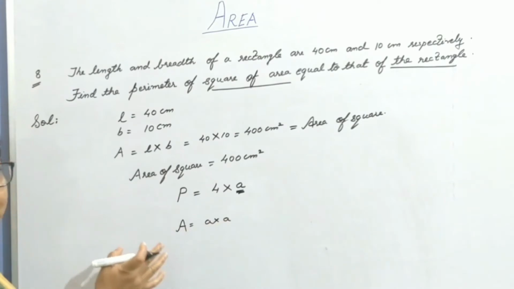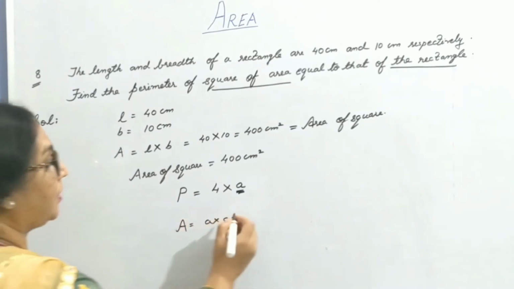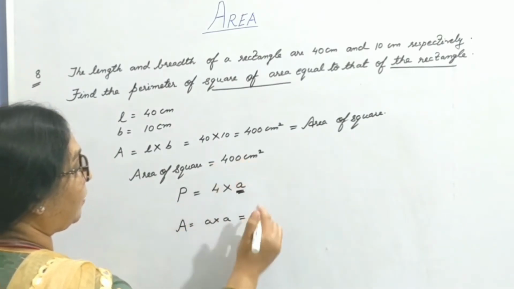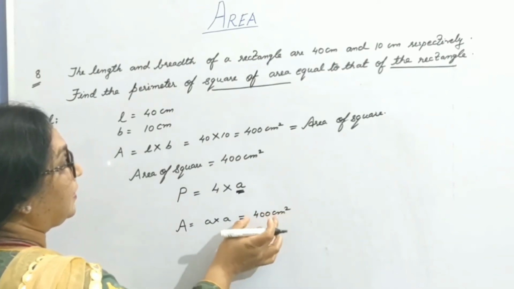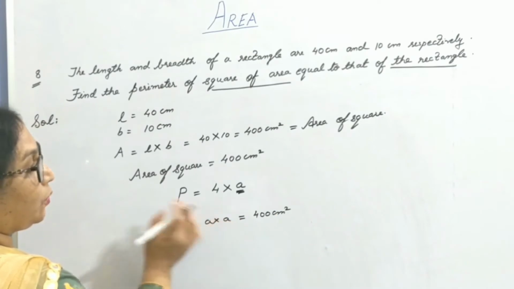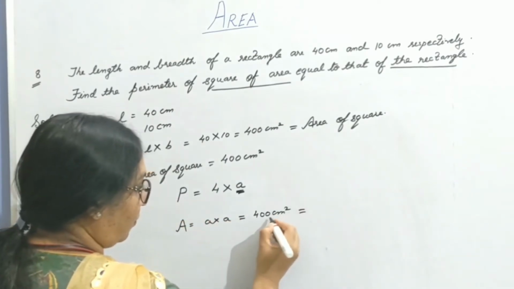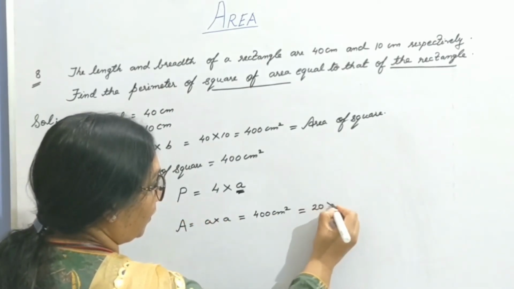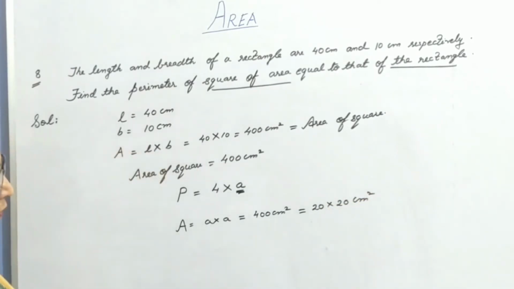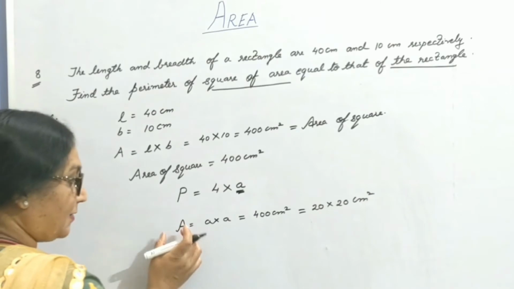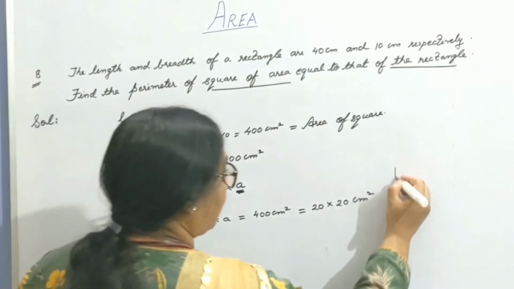Do you remember this type of question? Many we have solved. That is equal to the given area. What is the given area? 400 centimeter square. So let's break this number into A into A. If you break this number 400, it is 20 into 20 centimeter square. Let me recall the formula.